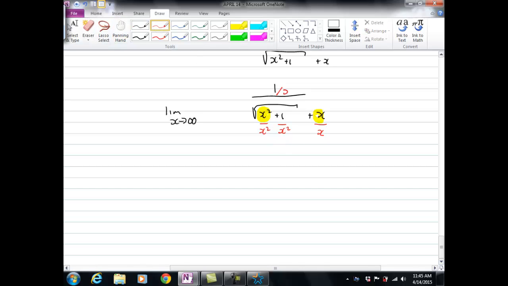So this becomes 1 over x, all over 1 plus 0 plus 1. Right off the bat, you should see what your answer is already. 0. Because 1 over x, this is the key right here, 1 over x always gives you 0. So my answer really, I have a HA at 0.